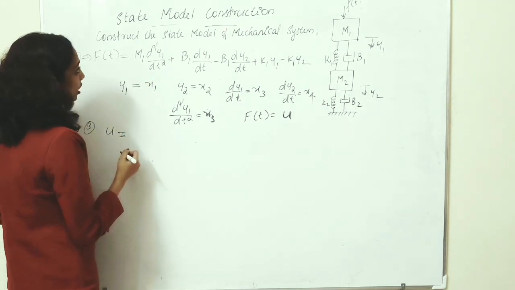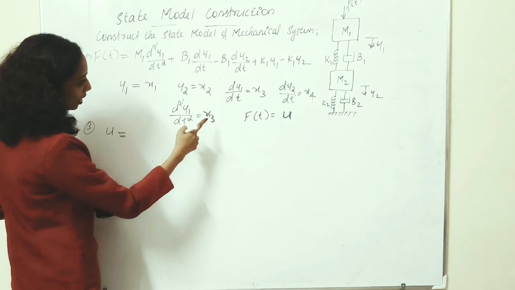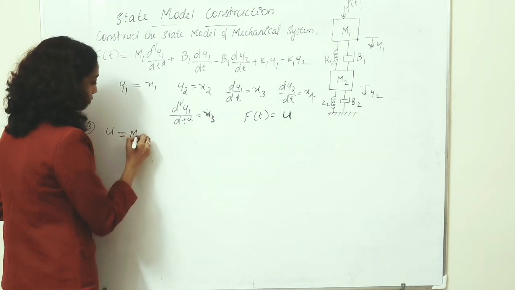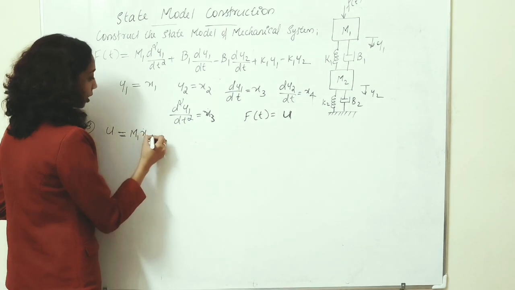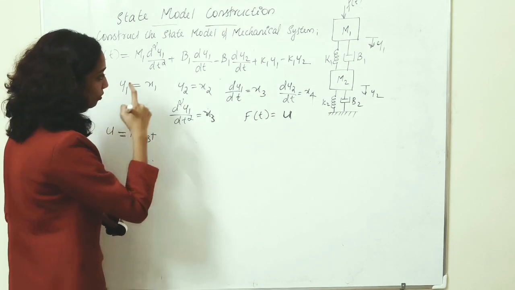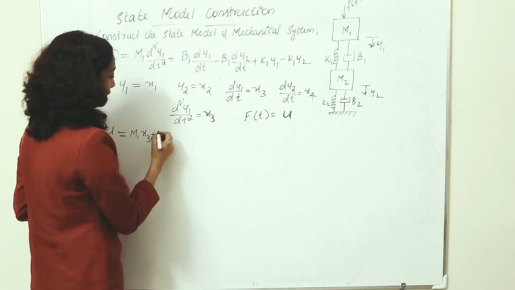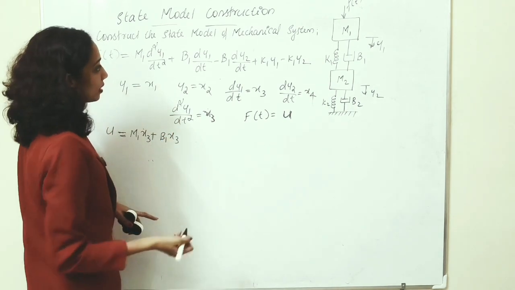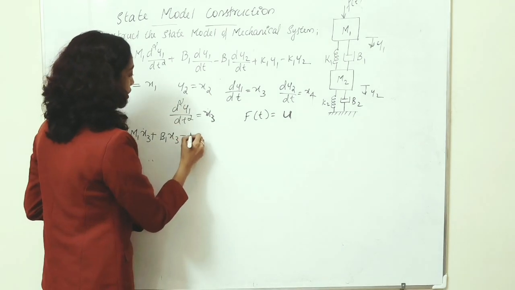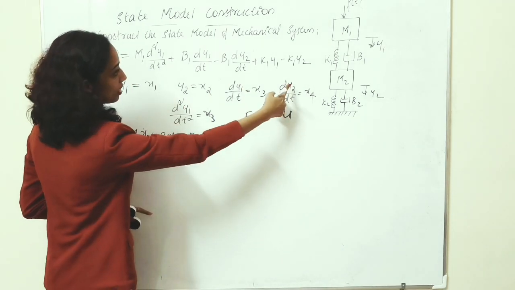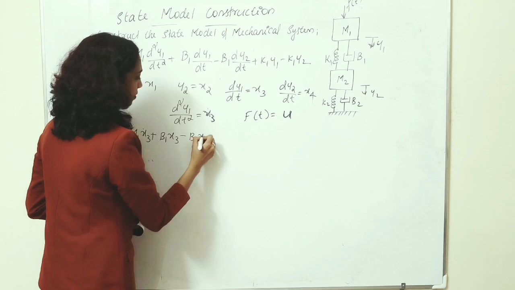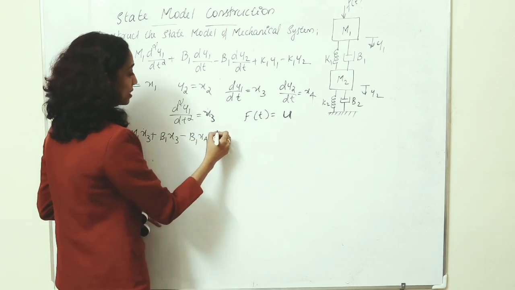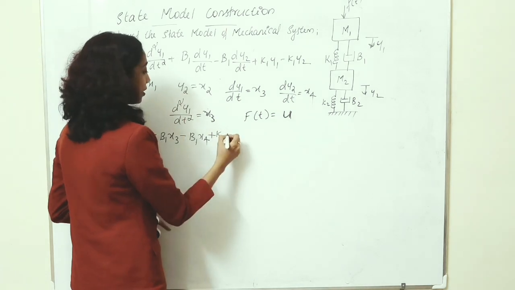For m1 into d square y1 by dt square, I write m1 into x3 dot, plus b1 into dy1 by dt, which is b1 x3, minus b1 into dy2 by dt, which is minus b1 x4, plus k1 y1 as k1 x1.